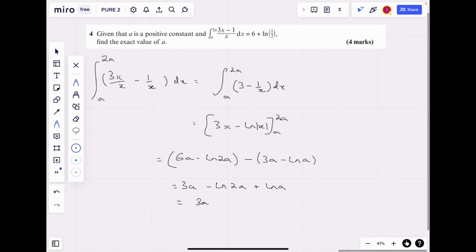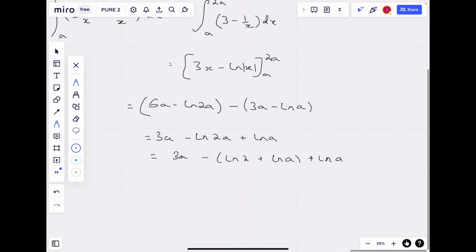So 3a minus ln 2 plus ln a plus ln a. So I've used my log rules to split ln 2a. Now, if I expand, I get this, which means 3a minus ln 2. The benefit of doing that, or the reason to do that, is to eliminate the ln a.